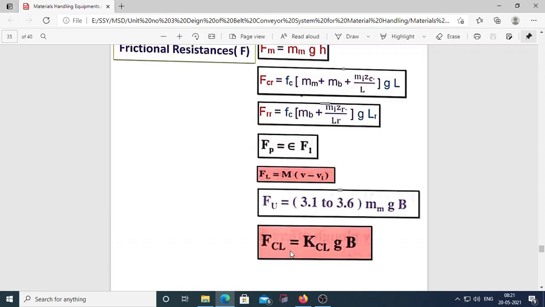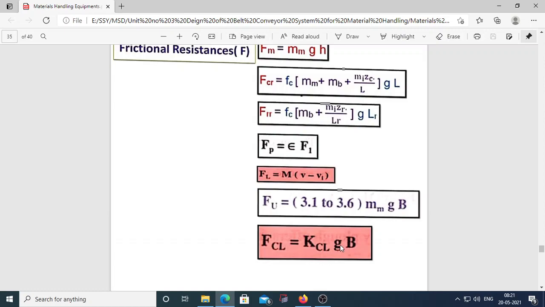Then you will get a different value for KCL. If you are using the claw type cleaning device, this value is in between 30 to 50. If you are using the rotary brush type cleaning device, then this value is 2 to 6 VB. But the standard formula is KCL into g into B.